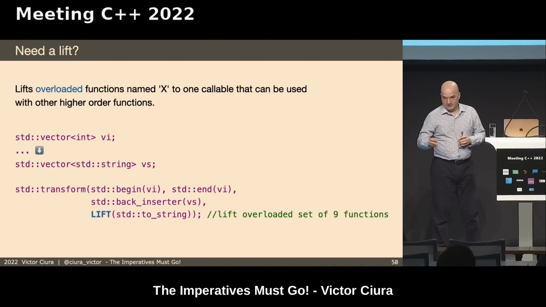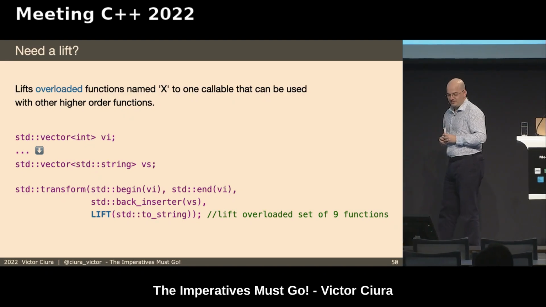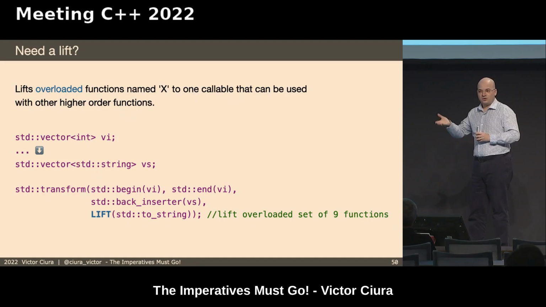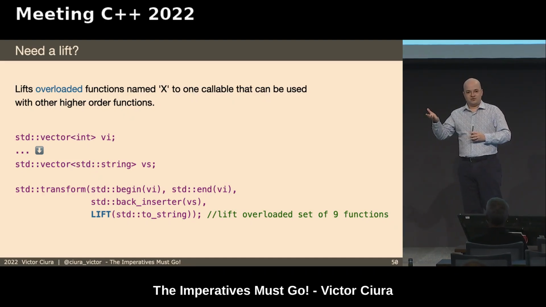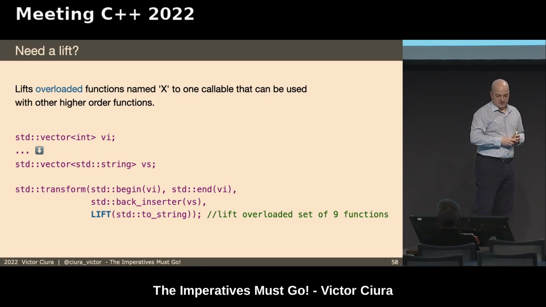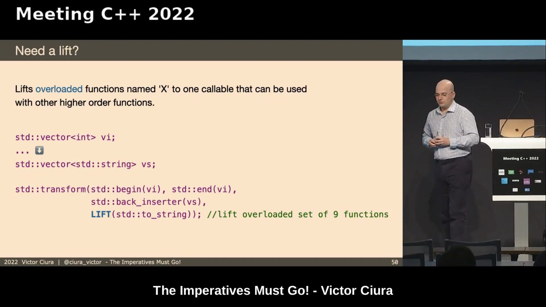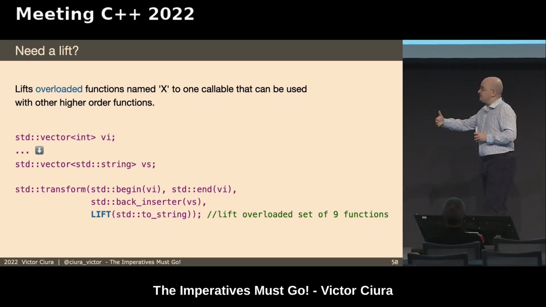And again, using Bjorn Faller's lift library here, we are trying to lift an overload set, so not just one function. So we're trying to lift an overload set of all the toString functions, and basically we can write a transform that could work on different kinds of input sequences.